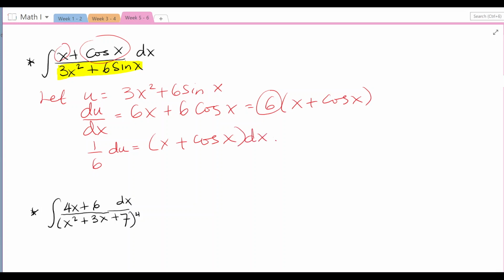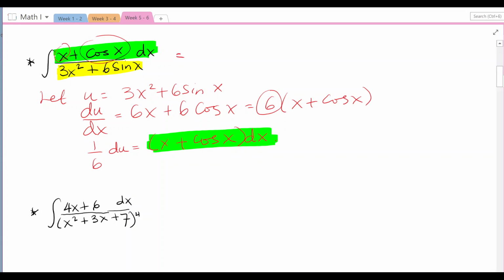This equals the numerator that we have on top, so we can substitute that directly.